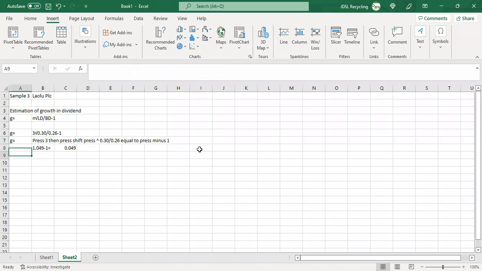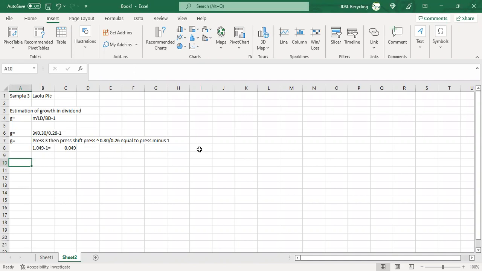My calculator, I don't know where that sign is. What is the problem? Press 3, hold on. Press shift, then raise to power.